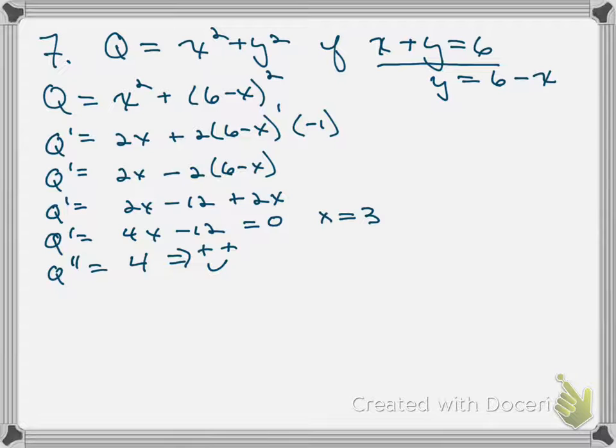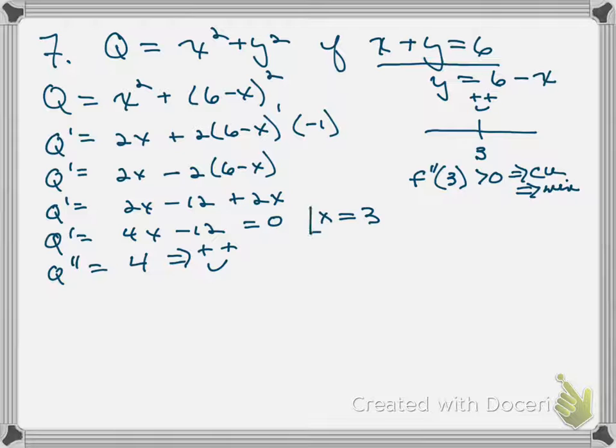Let's just get a little sign chart going. So here's my 3. I did the second derivative test, so that means I have a min. So I can say f prime prime of 3 is greater than 0, which means it is concave up, which gives me a min. So there's your sign chart and your statement about your second derivative.